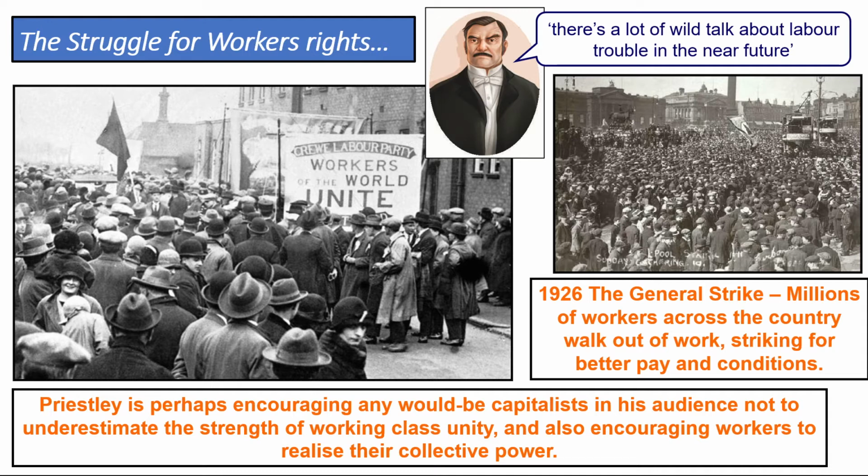And he's maybe also speaking to the working class, saying you've got to know your value, know your worth, realize the power you have when you stand shoulder to shoulder, and realize your collective strength.